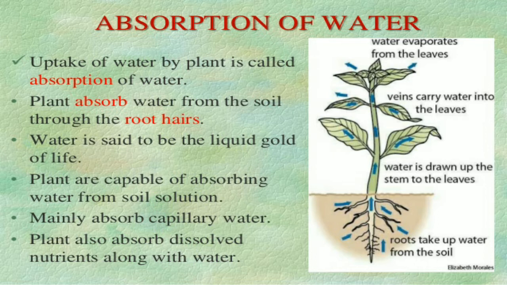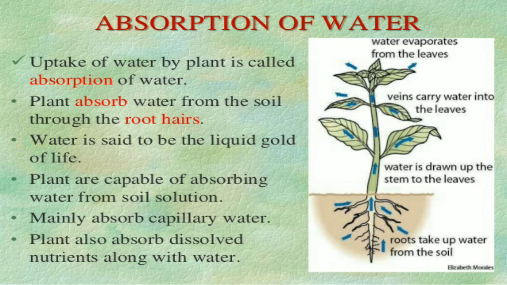The uptake of water by a plant is called absorption of water. Plants absorb water from the soil through the root hairs, and water is said to be the liquid gold of life.